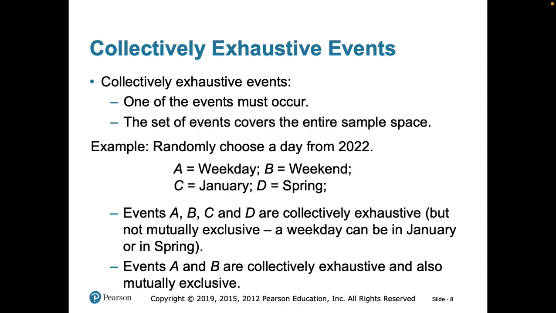So those are not collectively exhaustive. Events A, B, C, and D are collectively exhaustive, all four of them, but not mutually exclusive because a weekday can be in January or in spring. Now, events A and B are collectively exhaustive and also mutually exclusive because if one happens, the other one is not going to happen.